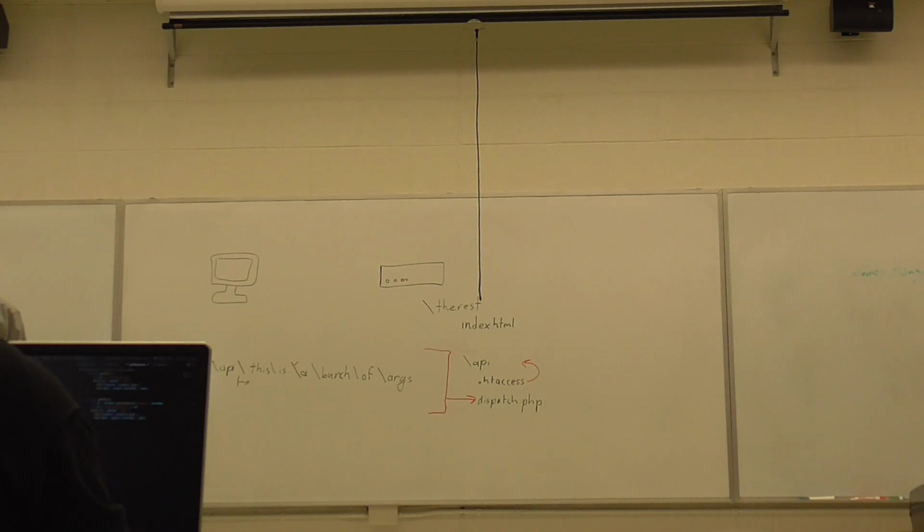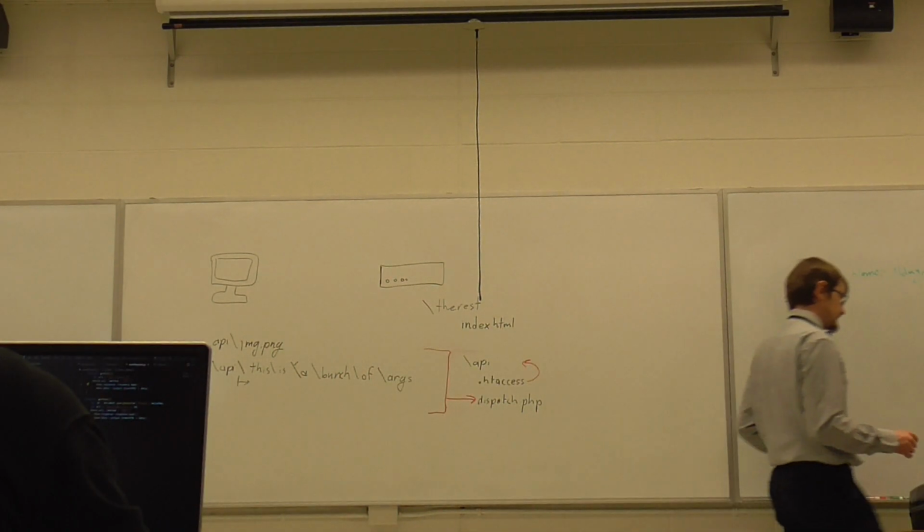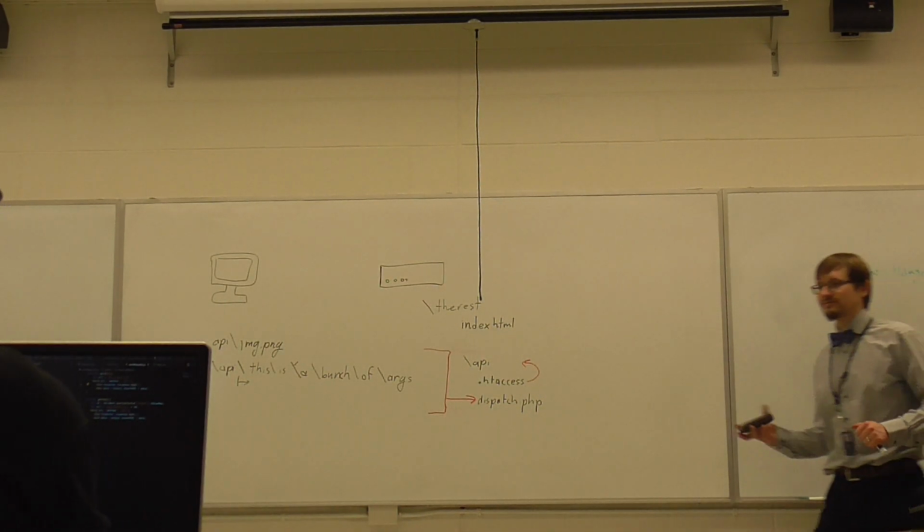If you wanted to access a PNG file, you would say API slash image.png, and then it would load it from the server using the request. So yeah, it doesn't care about file extensions, and it didn't used to.